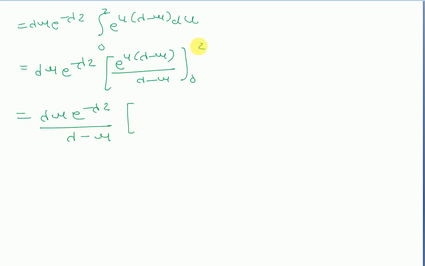When you put z in place of u, you will get e raised to power z lambda minus mu, and if u is replaced by 0, then the value will be equal to 1.